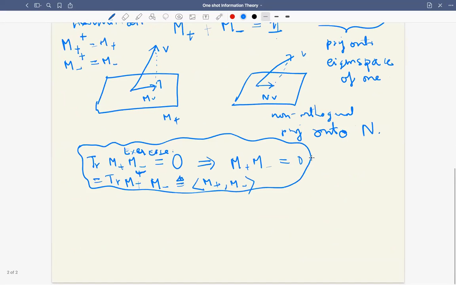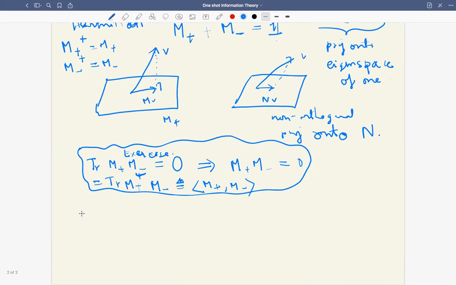So I just define what m plus and m minus are. Last time it was fast, so I'll do it again. I look at this matrix rho minus sigma. This is Hermitian, right? It's a difference of two Hermitian matrices.